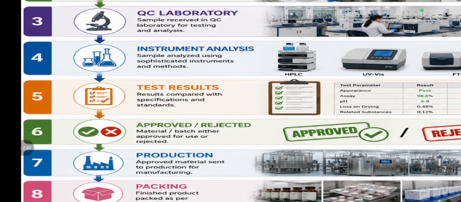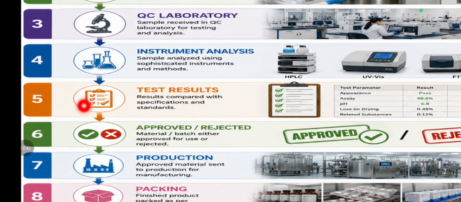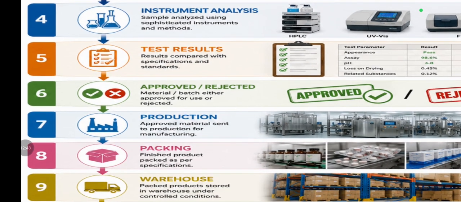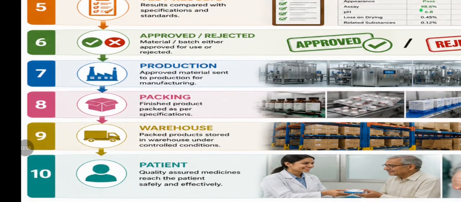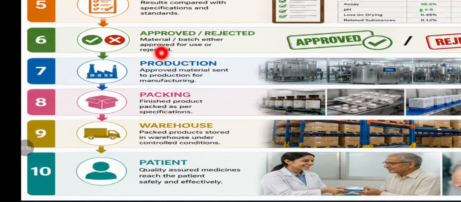After that, they will get the test result. In the fifth step, the test result is compared with the specifications and standards available. After that, the material or batch is either approved or rejected. If approved, it goes to production.